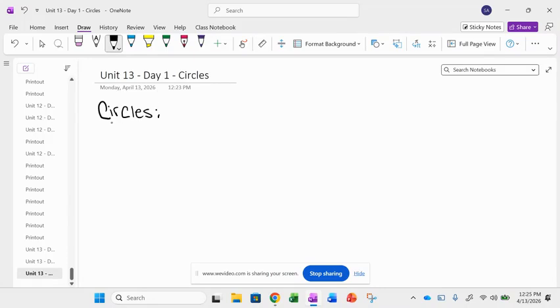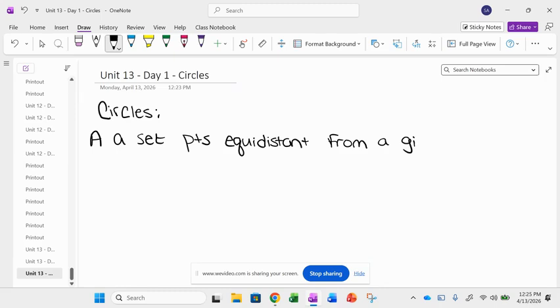Okay. So by definition, circles are a set of points equidistant from a given point that we call the center.